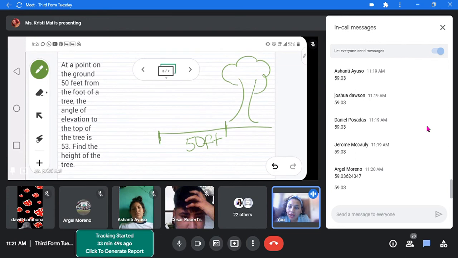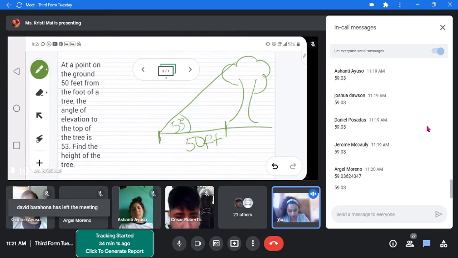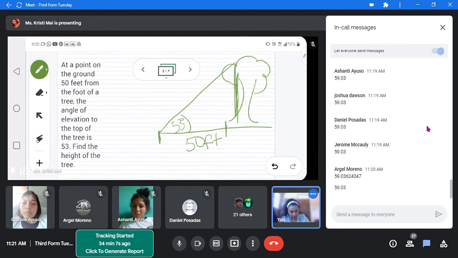The angle of elevation to the top of the tree. So whoever is here is looking at the top of the tree and is creating an angle of elevation of 53 degrees. Find the height of the tree. So I want to know this. How tall is this tree?